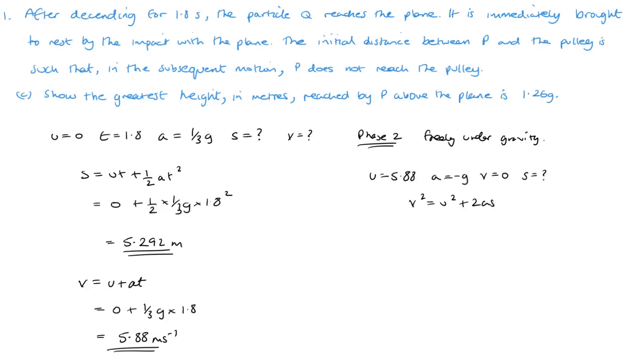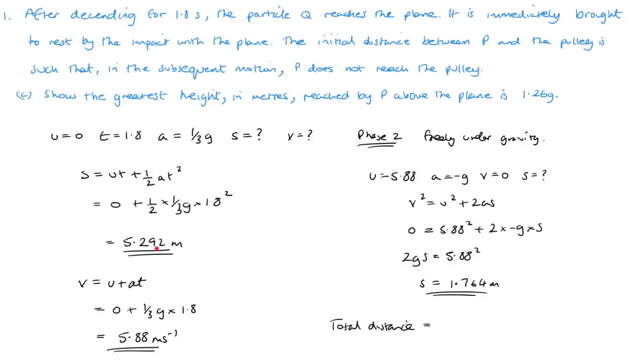So that is 0 equals 5.88 squared plus 2 times minus g times s. So 2gs equals 5.88 squared. So s is 1.764 meters.